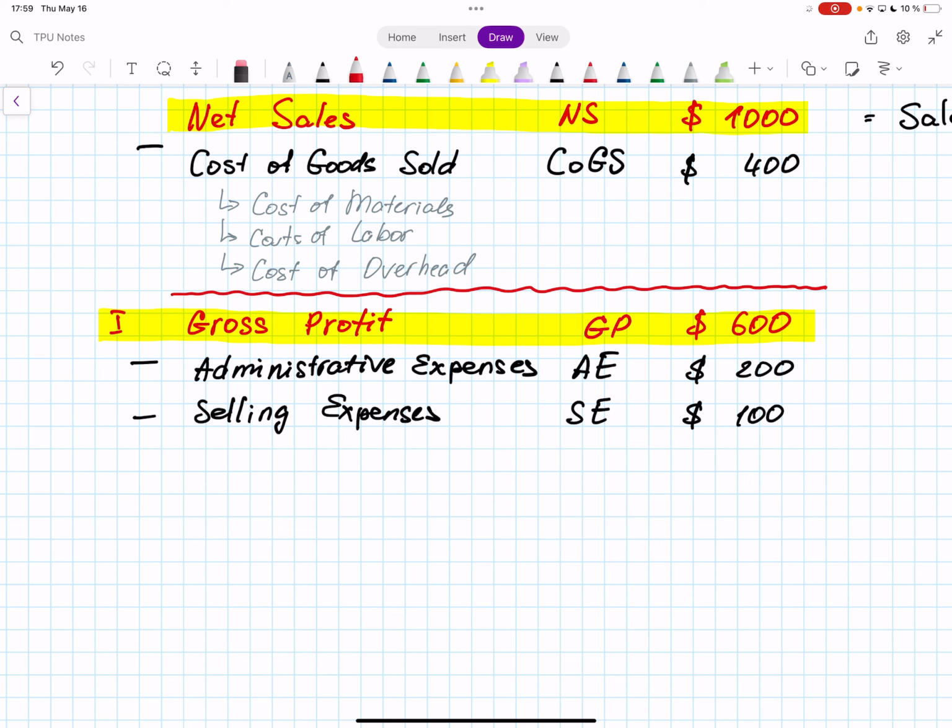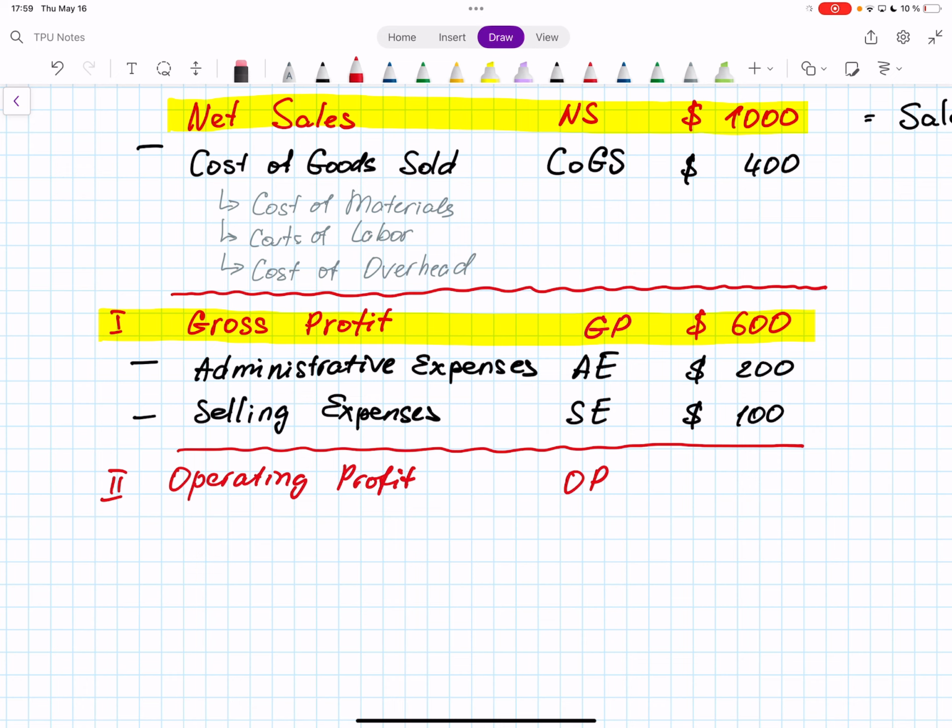After we have subtracted these types of expenses, we will get to the second type of profit. Second. It will be called operating profit. Operating profit.